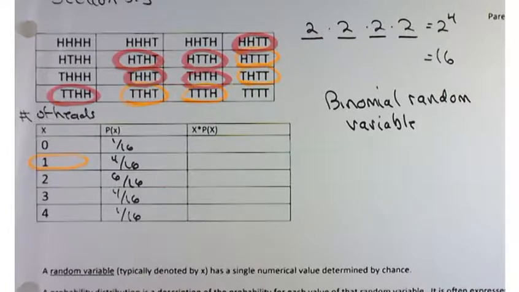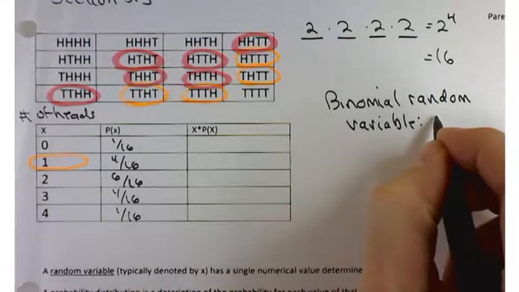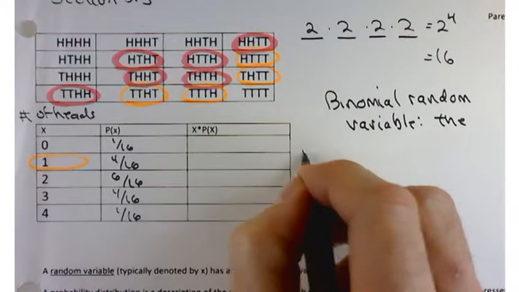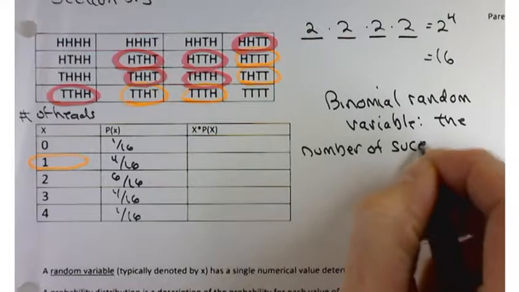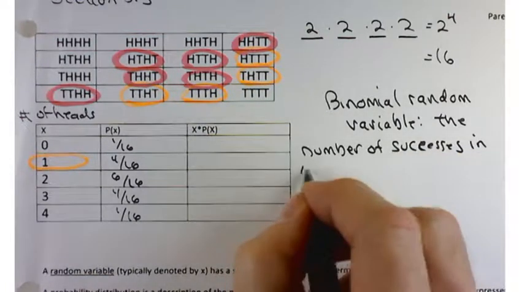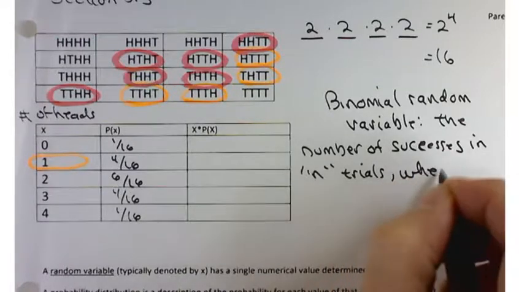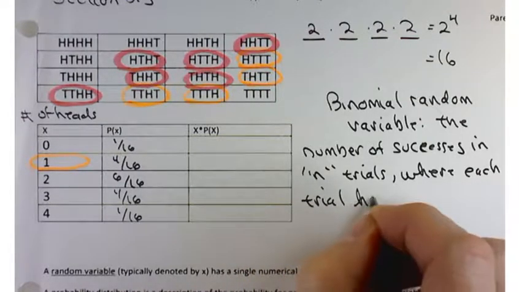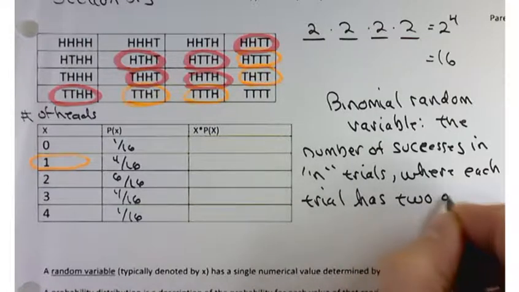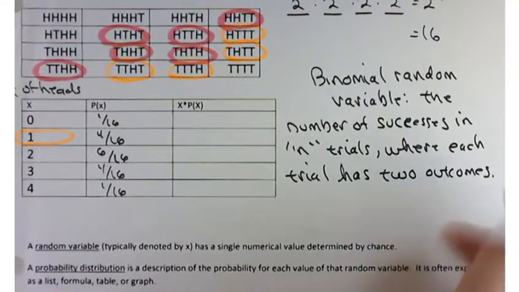A binomial random variable is going to denote the number of successes in n trials where each trial has 2 possible outcomes. Those are going to be success and failure.